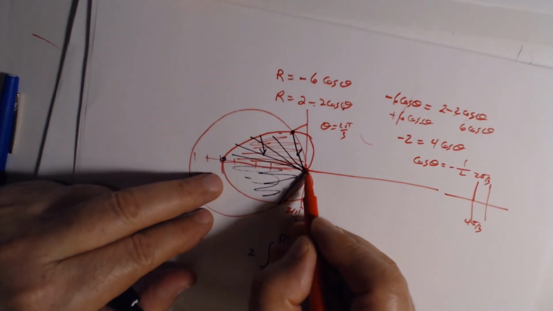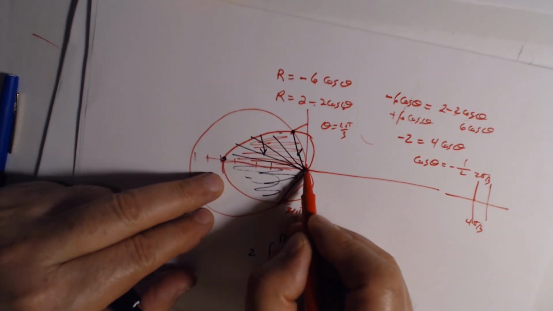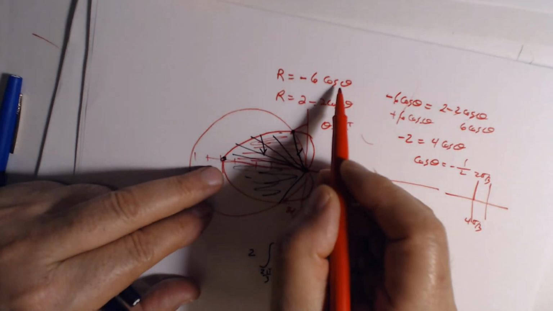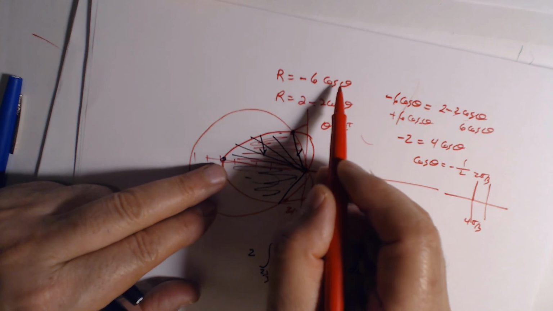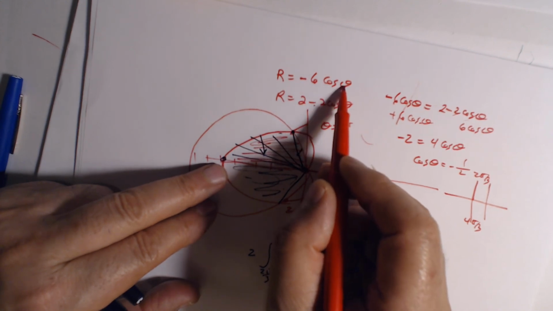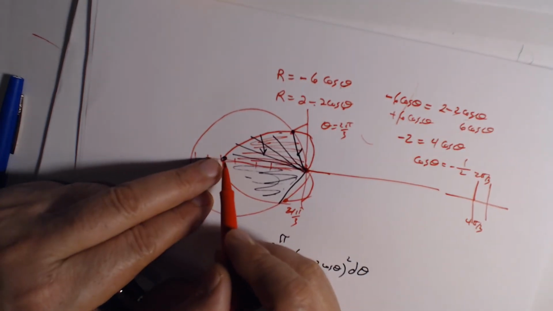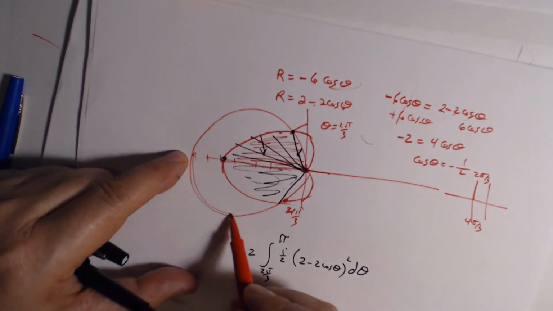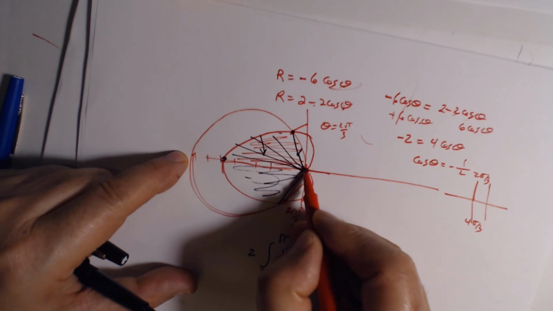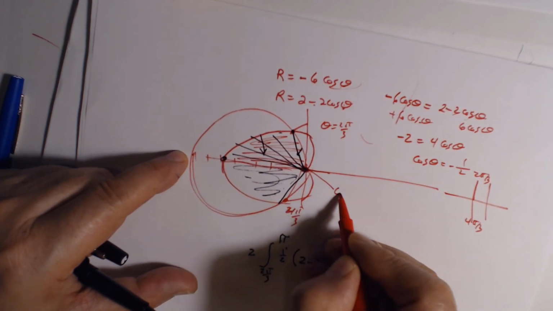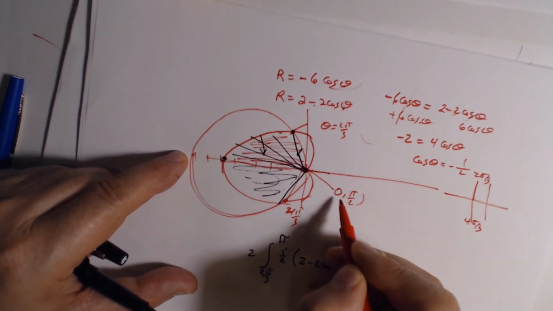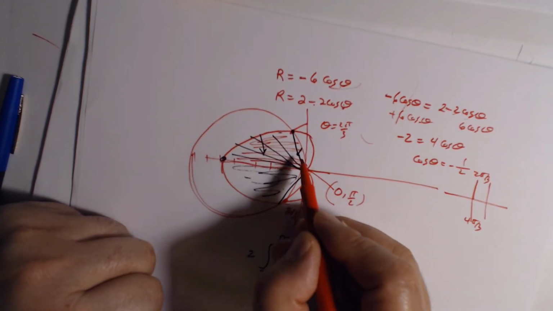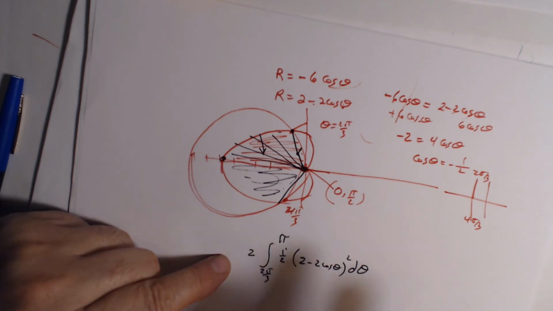But everybody thinks that angle is 0 degrees. Please watch. When cosine becomes 1, theta becomes 0, r becomes negative 6. But when it becomes pi over 2, you get 0. Therefore, for the circle, r is 0, angle is pi over 2. I am using the circle, not the cardioid.